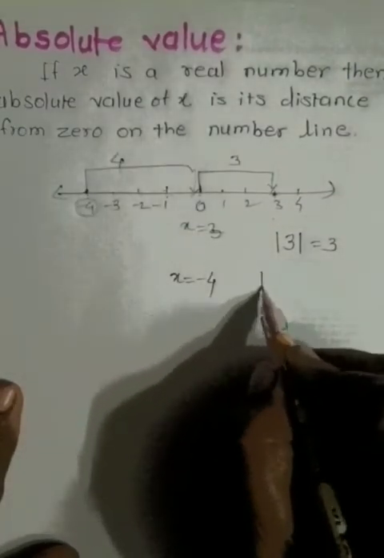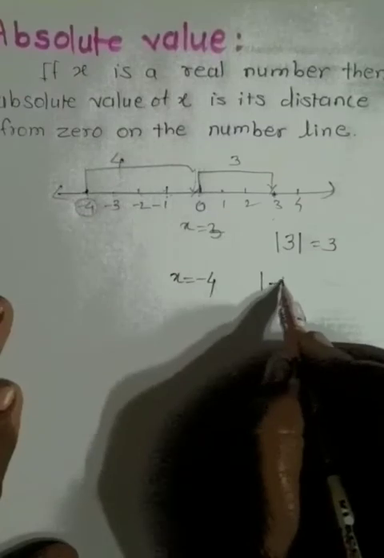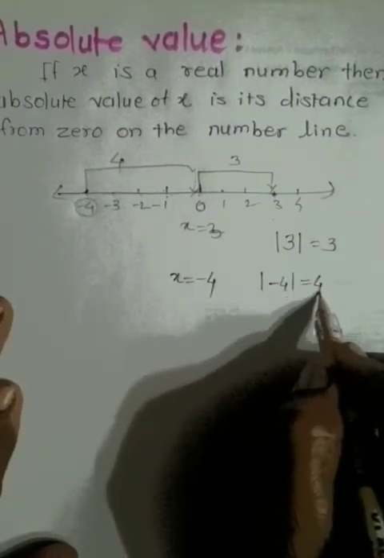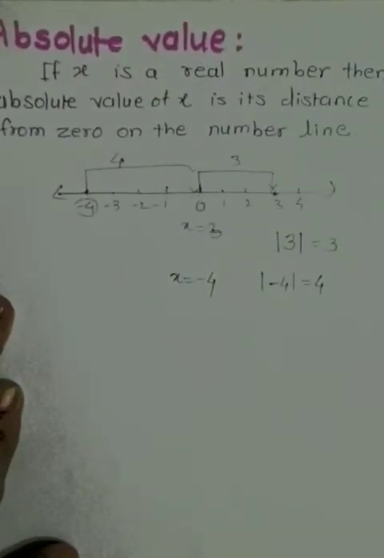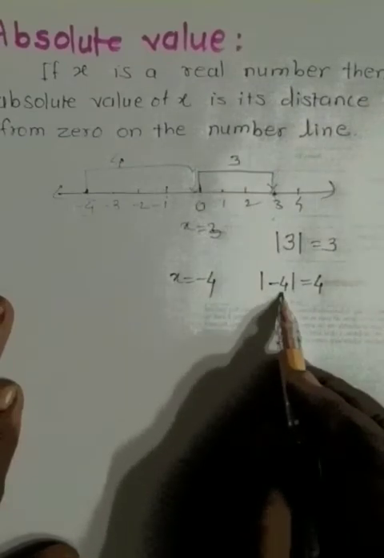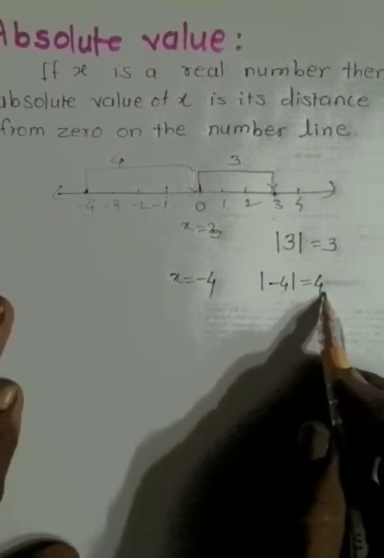That's why the modulus of -4 is also 4. Though the real number is negative, its distance from 0 on the number line is always positive, and that's why the modulus of -4 is 4.